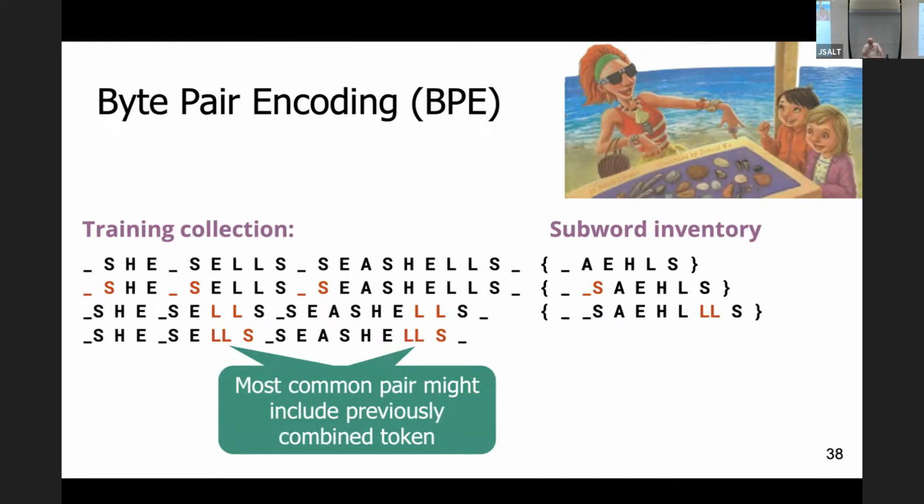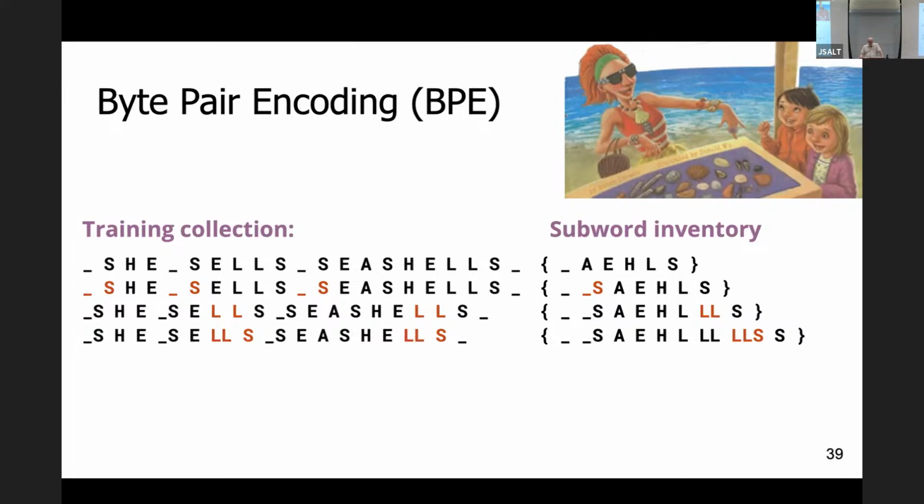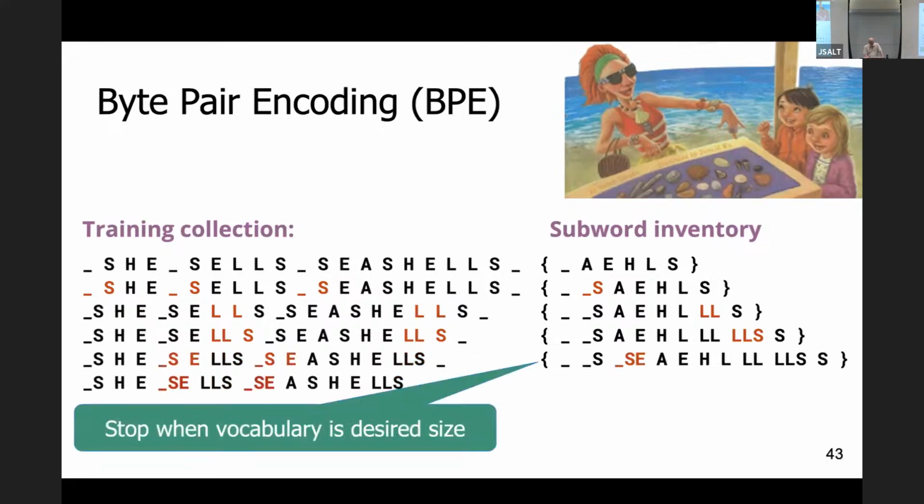The most common pair might include previously made tokens. So here, LL followed by S is the most common. So we make a new token LLS and replace all the LLSs with that token. Like so. This is how it works.